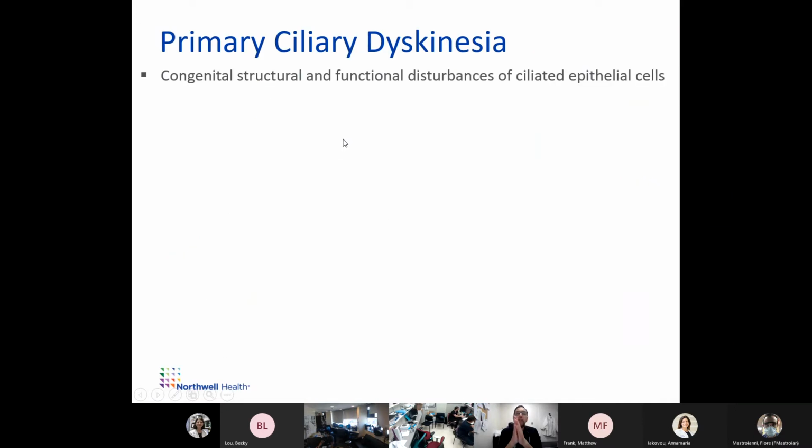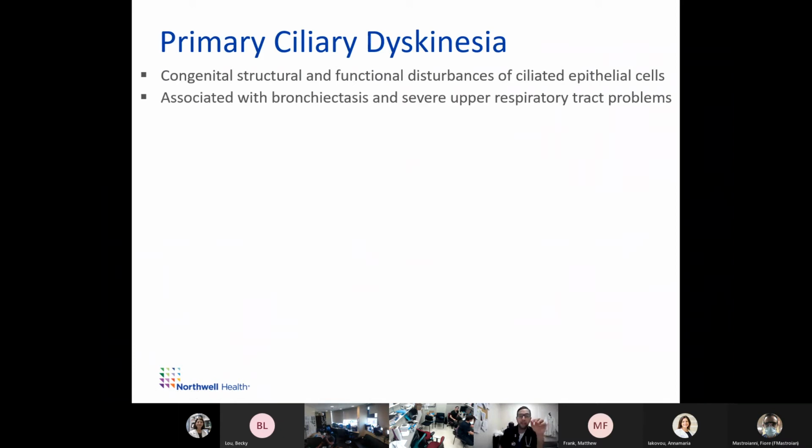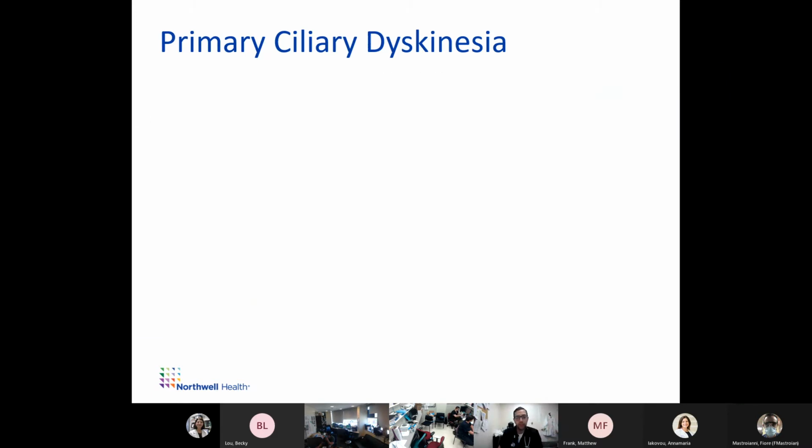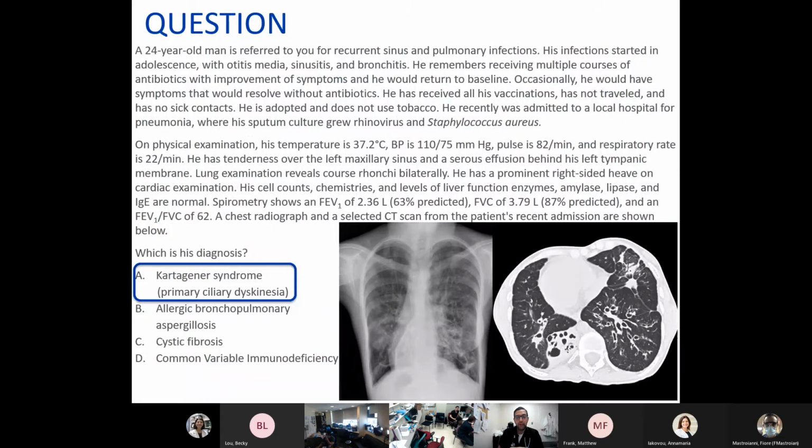And so primary ciliary dyskinesia is a congenital structural and functional disturbance of these ciliated epithelial cells. The deficits can be in the microtubules, in the peripheral or central ones, in the radial spokes, or in the dynein arms. I forgot to show you the dynein arms. These little arms are on the outer or the inner.